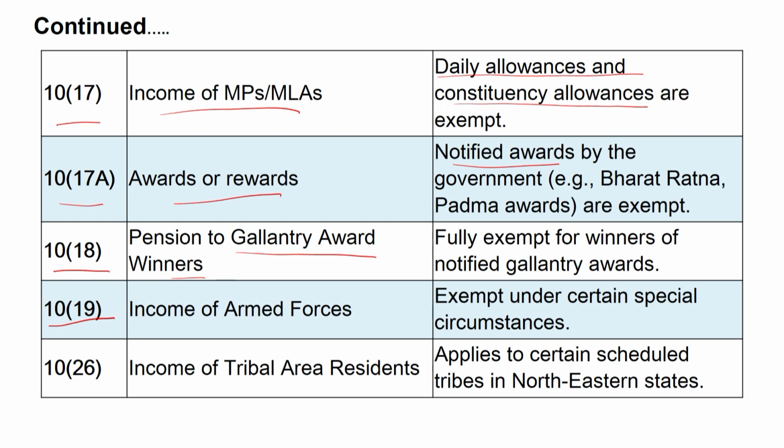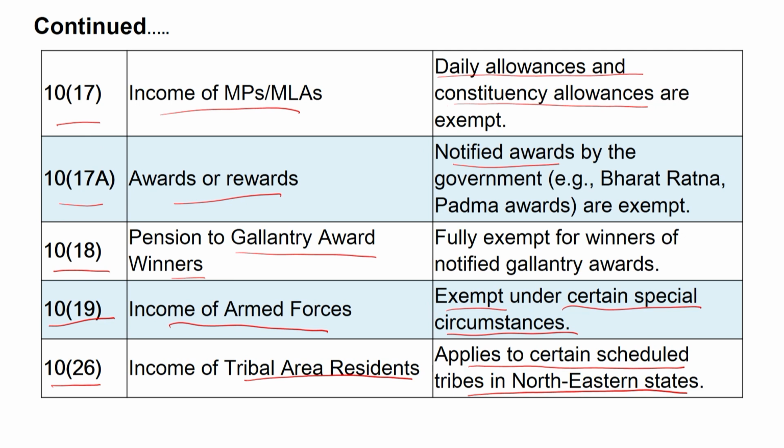Then section 10(19) is there, income of armed forces. So all the defense and army personnel who receive income from various sources, these are also exempted under certain special circumstances discussed under the Indian Income Tax Act. Then section 10(26), income of tribal area residents, it applies to certain scheduled tribes in the northeastern states of the country.